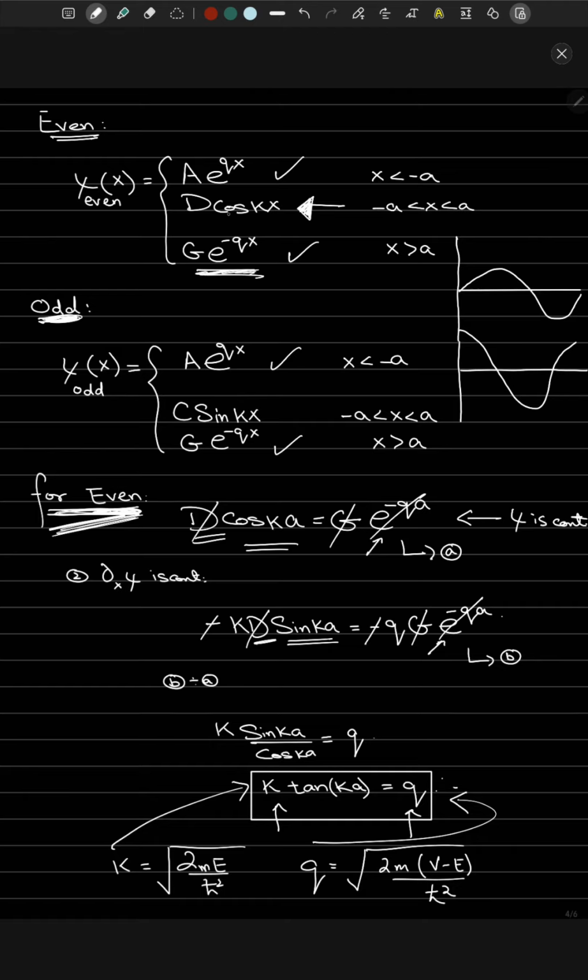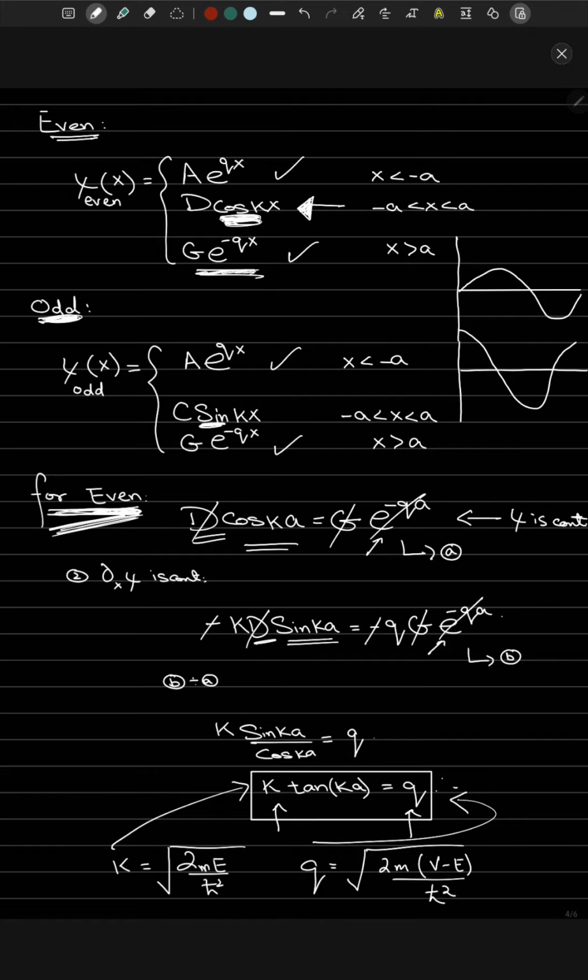The only difference is in the function that lies between minus a and a: for even you have cos, and for odd you have sine, and everything else is the same.